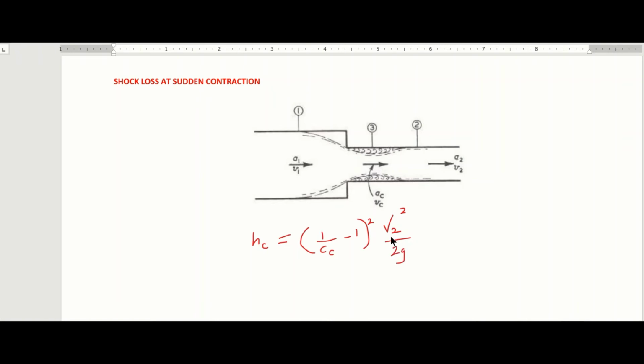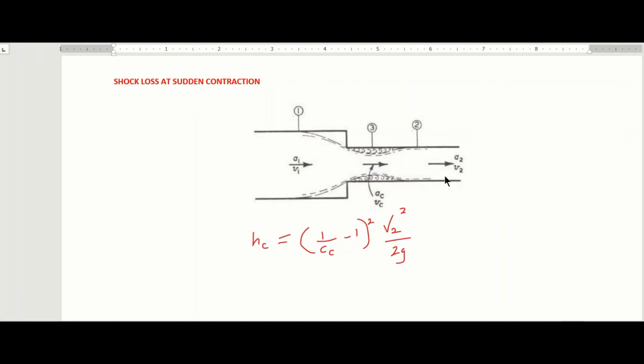Now, the V2 is the velocity at what? The smaller pipe. Your Cc is known as the coefficient of contraction, and V2 is the velocity at the smaller pipe diameter.